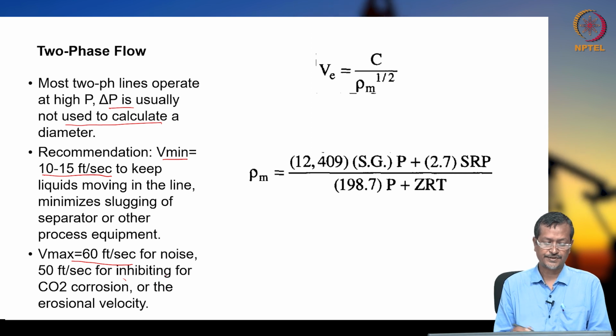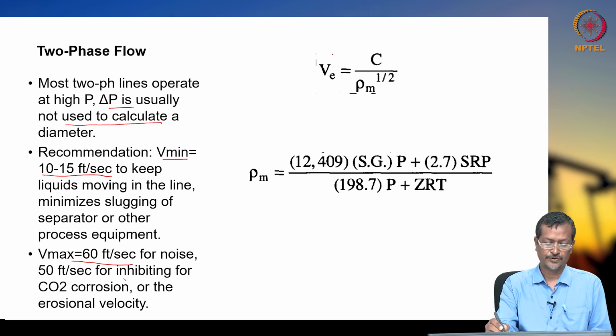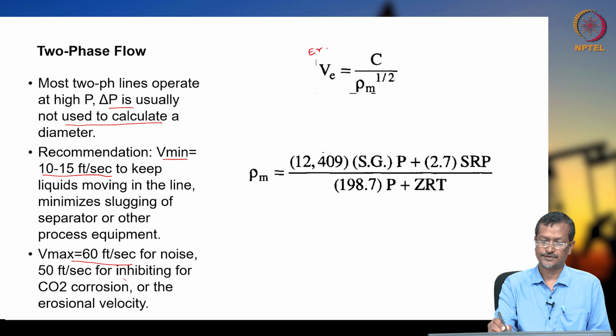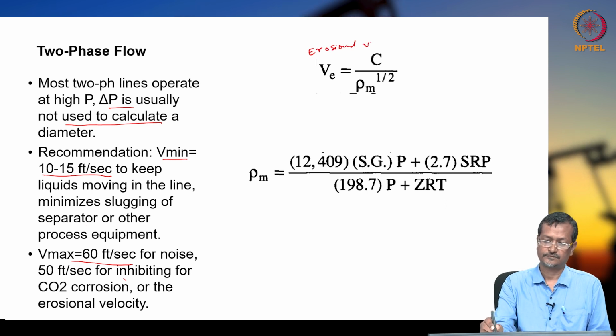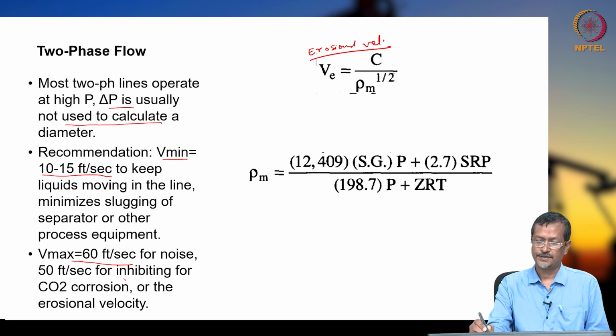Okay, the erosional velocity for two-phase flow is expressed as C by the square root of rho m.